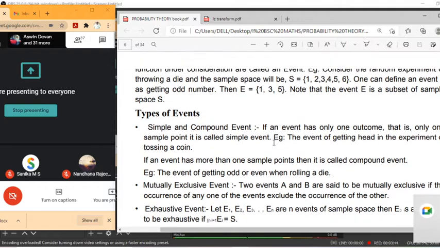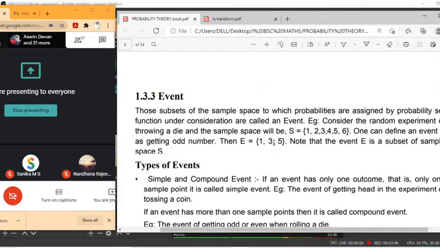Moreover, you can assign a number in between 0 and 1. If a chance is 0, that means there is no chance. If the chance is 1, then you can say that the event is certain. That means the event will certainly happen. Okay. So such comparison can be made using this type of chances or probabilities.